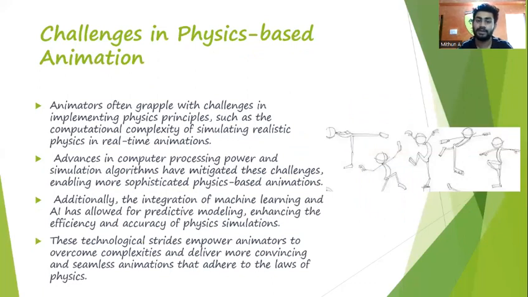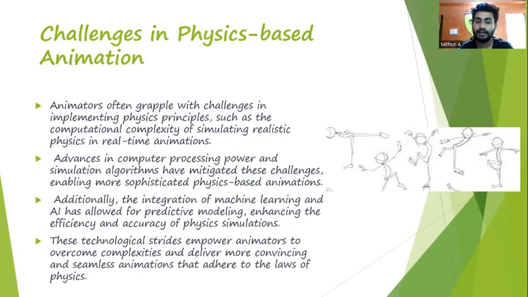Challenges in physics based animation. Animators often grapple with challenges in implementing physics principles, such as the computational complexity of simulating realistic physics in real time animations. Advances in computer processing power and simulation algorithms have mitigated these challenges, enabling more sophisticated physics based animations.